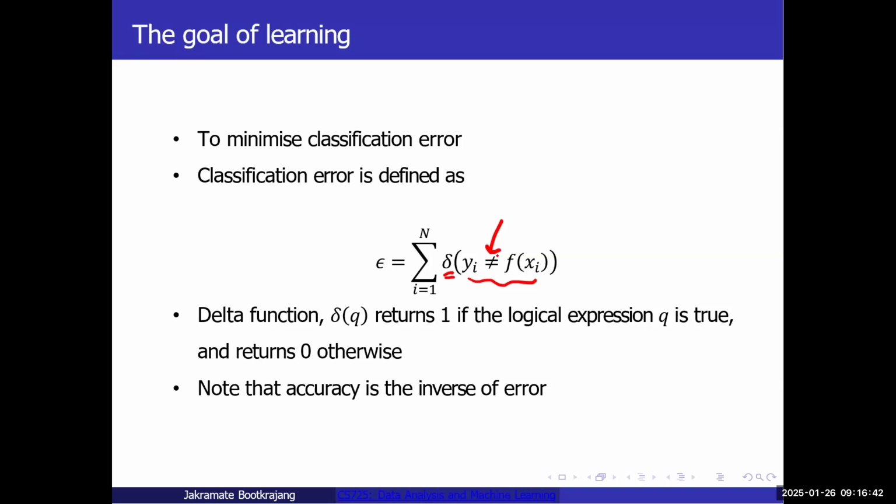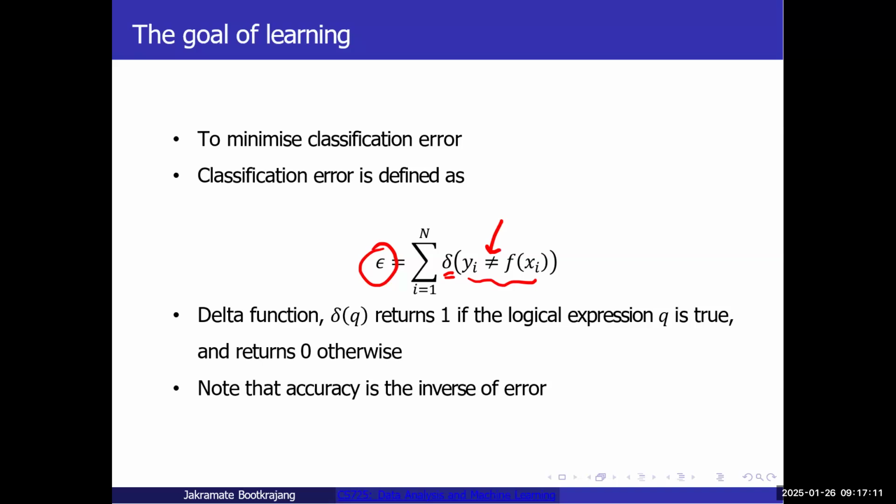If the logical expression inside is true, it means that our prediction is different from the label, so we will have a 1. You just accumulate: you sum up all the mistakes you make.